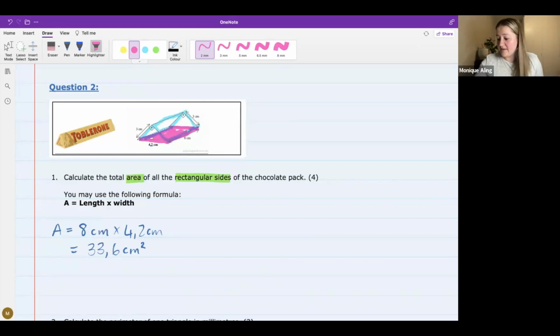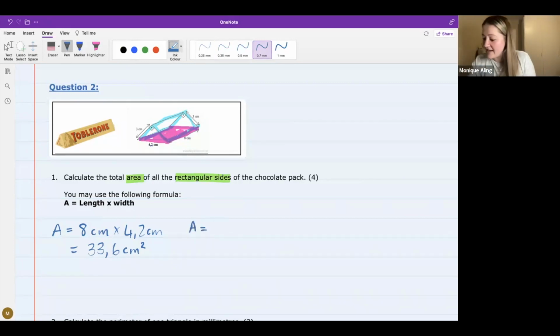We still have a rectangle on the one side and a rectangle on the other side. The blue rectangles have a length of 8 centimeters, but the width is 3 centimeters.